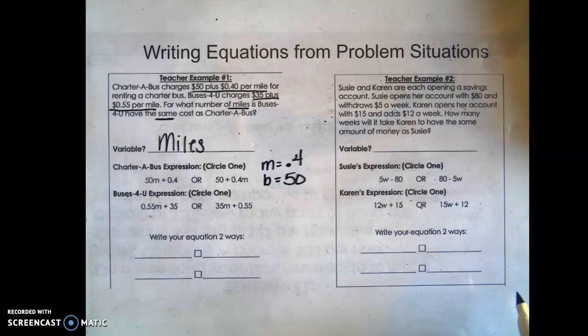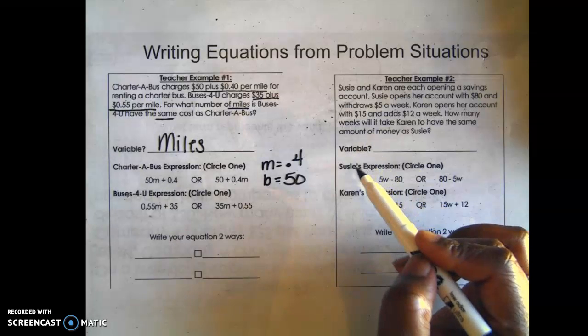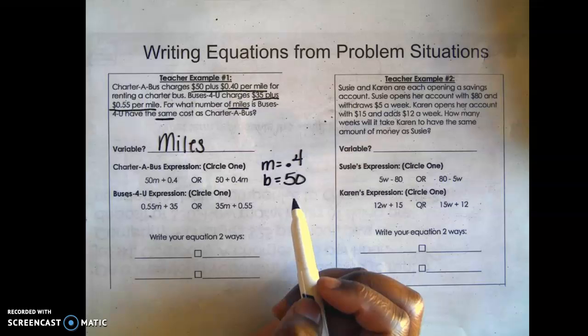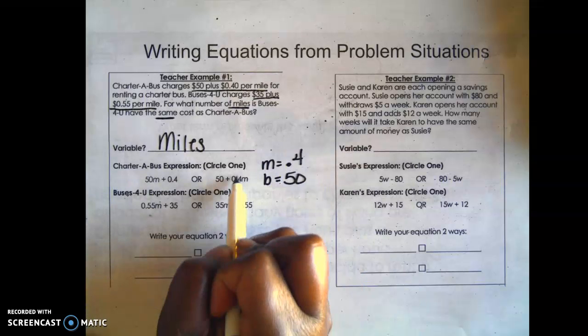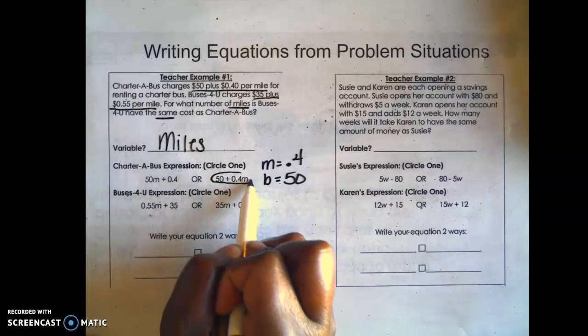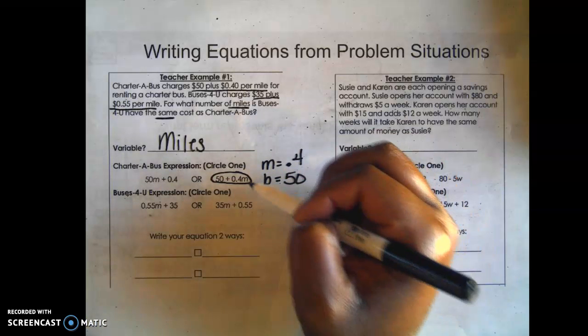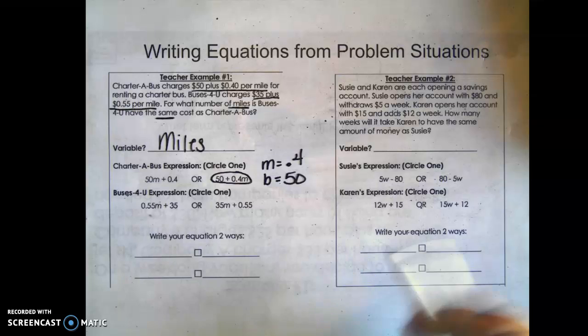It doesn't repeat. It's just a one-time fee. So now that I know my slope and my y-intercept, I am going to circle the correct expression, which would be 50 plus 0.4m. I know that because my slope is always next to the variable.